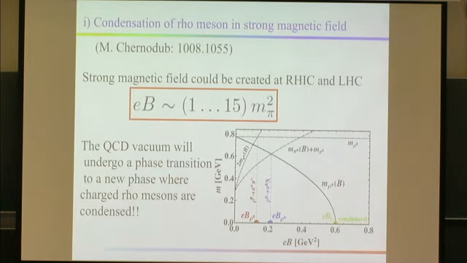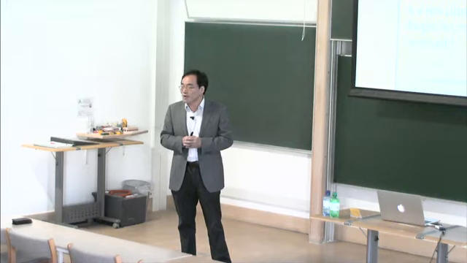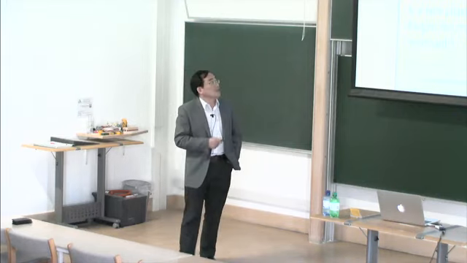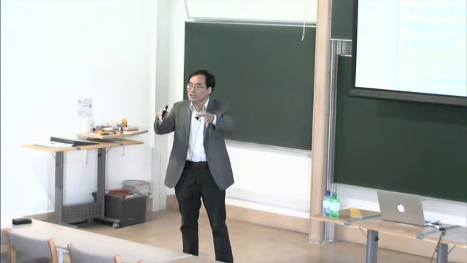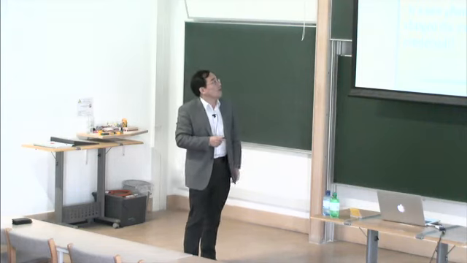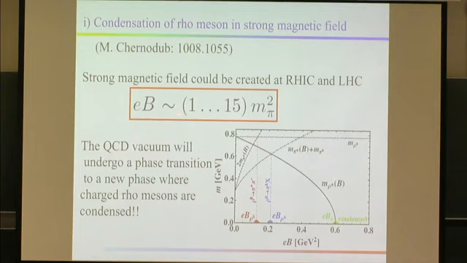Recently, there are a lot of works studying the properties of the QCD vacuum in very strong magnetic fields. The main reason is that people believe a very strong magnetic field could be created at RHIC or the LHC experiment, particularly in the QGP phase. It is said the magnetic field can reach around this range.